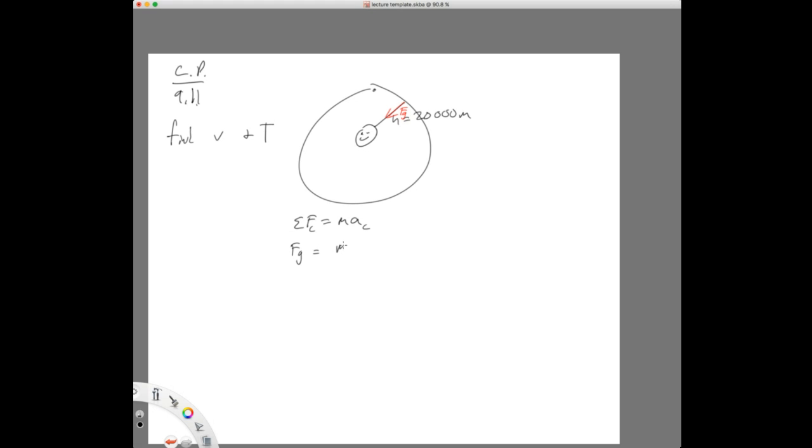And then the mass, we should call this ms, and this one we should call m. So this would be ms, the mass of the satellite, times v squared over r. Force of gravity would be G times the mass of the moon times the mass of the satellite over r squared.